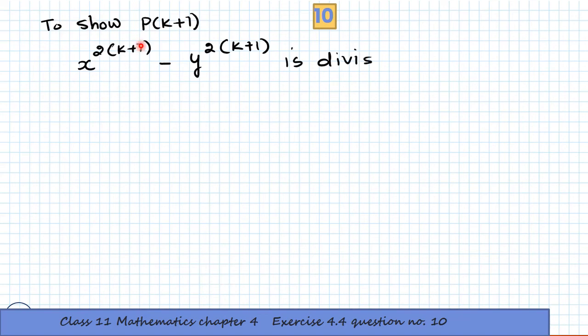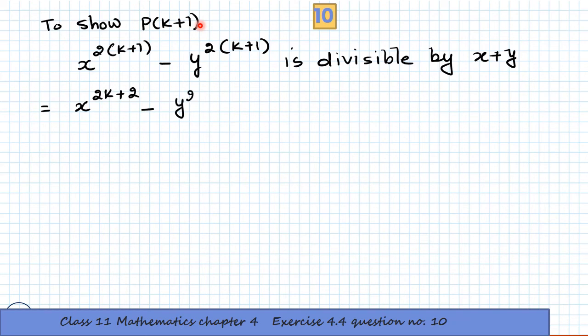To show P of k plus 1 is true. That is my third step. X power 2 into n value k plus 1 minus y power 2 into n value k plus 1 is divisible by x plus y. That is what we want to show.